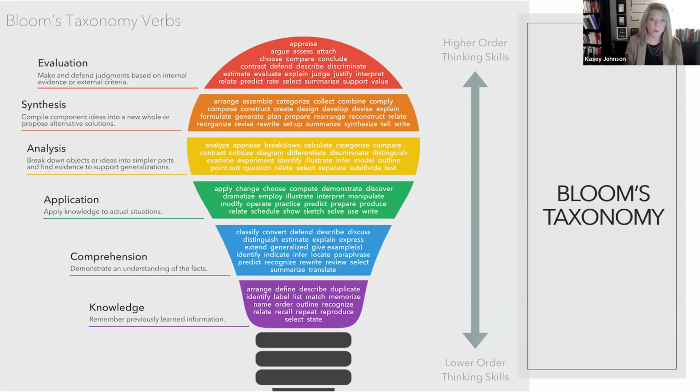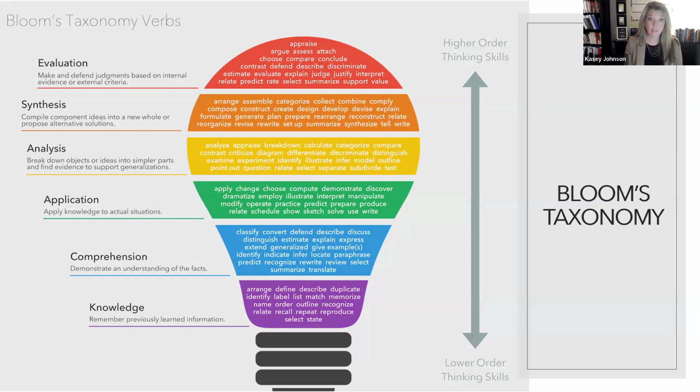So we want to make sure that we're thinking about our students as individuals, not just tech nerds who are ready to engage in the 21st century, but then also that we're looking at these verbs and determining with the technology, how do I want this technology to work? Do I want it to help the students gain knowledge? Do I want it to help them analyze the information? Do I want them to evaluate, to apply?